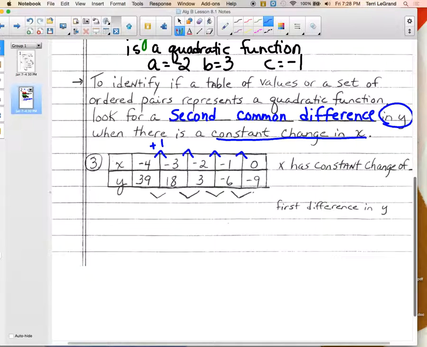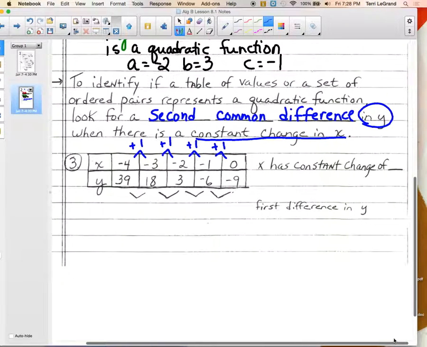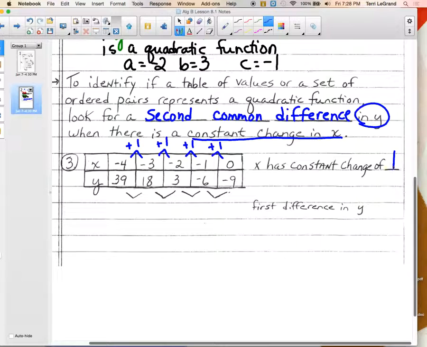Negative 3 to negative 2, the x went up 1. Negative 2 to negative 1, the x went up 1. Negative 1 to 0, the x went up 1. There's our constant change in x. It went up 1, so it's a positive 1. So when x has a constant change, now we can go and look for that second common difference.